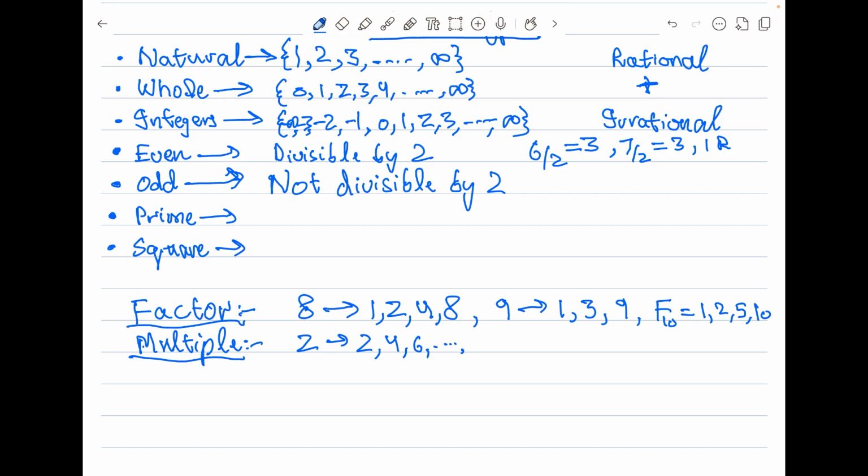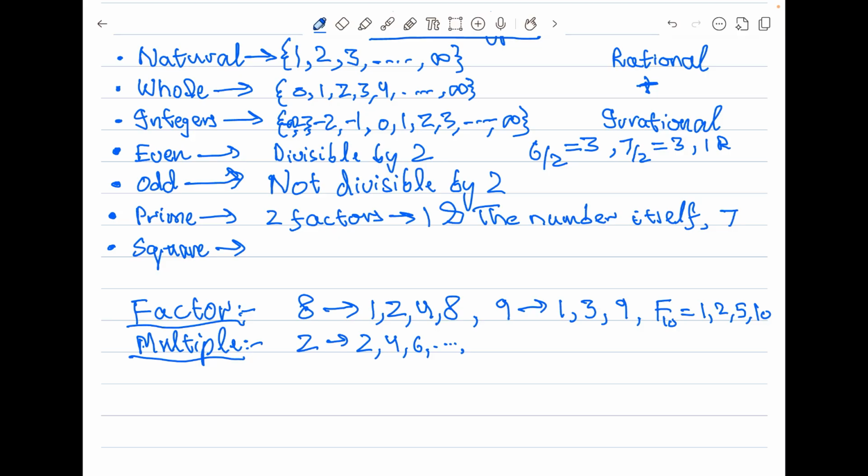So now back to the definition of a prime number. A prime number is any number that has only two factors, which are 1 and the number itself, right? For example, 7 is a prime number because 7 is only divisible by 1 and 7, the number itself.